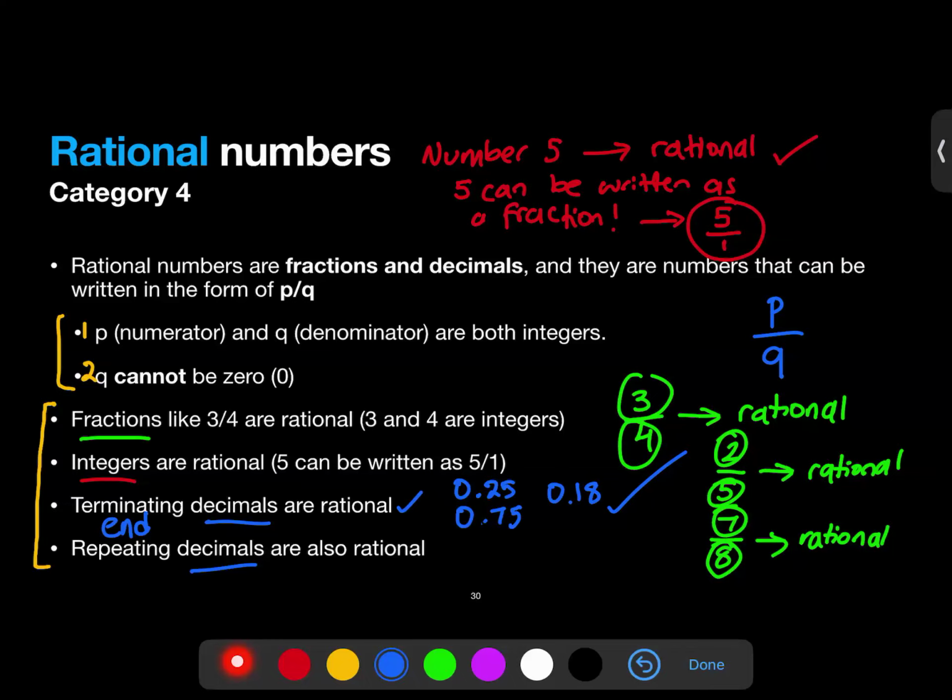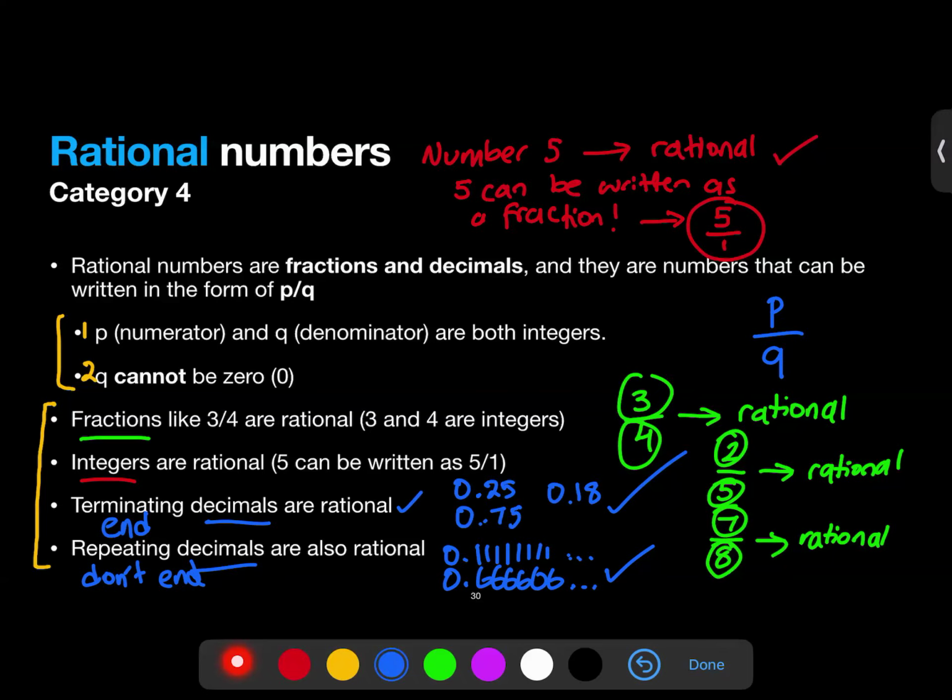And repeating decimals, so decimals that don't end, also are rational. For example, 0.1 repeating, or 0.6 repeating. These also are rational numbers.